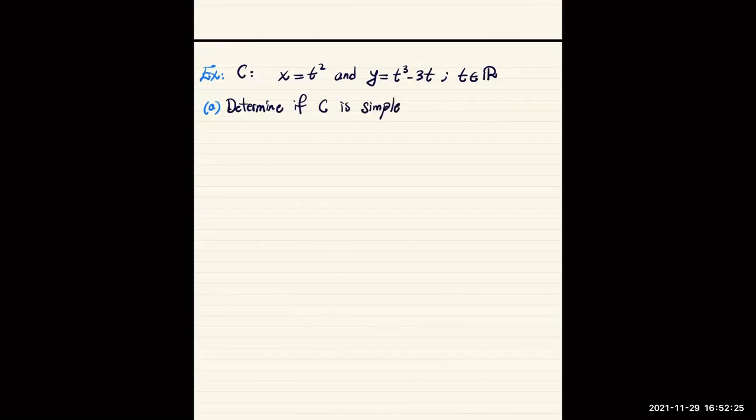Remember that a simple curve is a curve that never intersects itself. It's a one-to-one curve, okay? If not simple, then find the point of intersection.